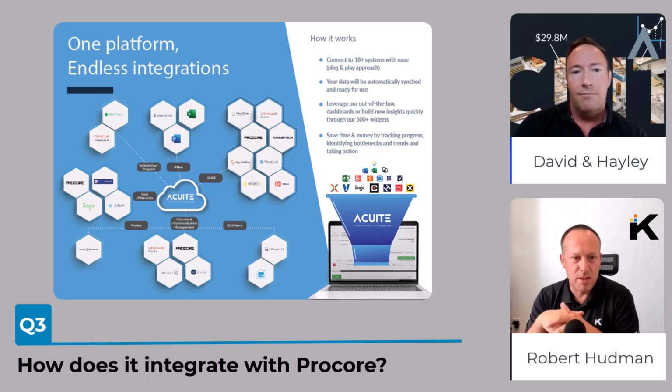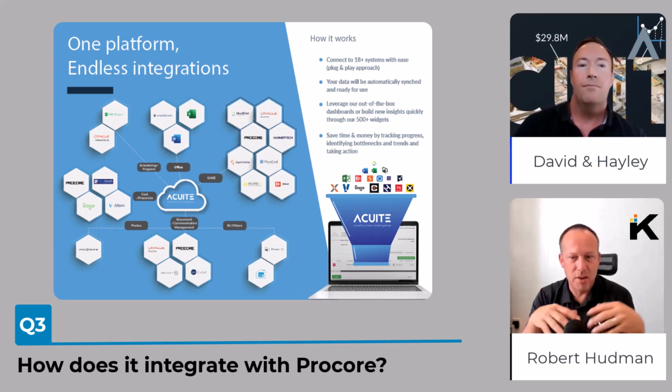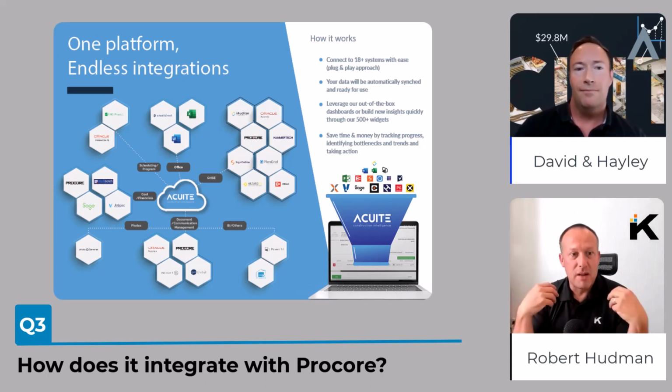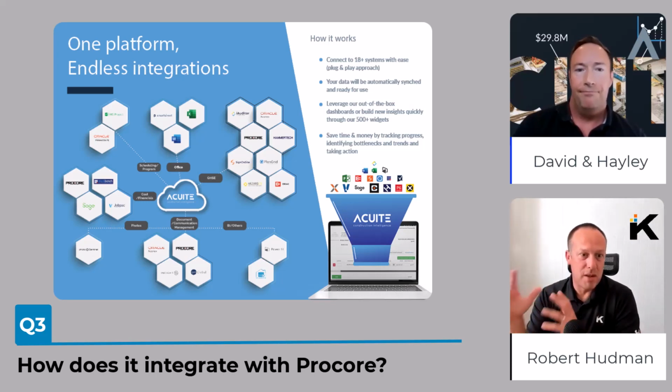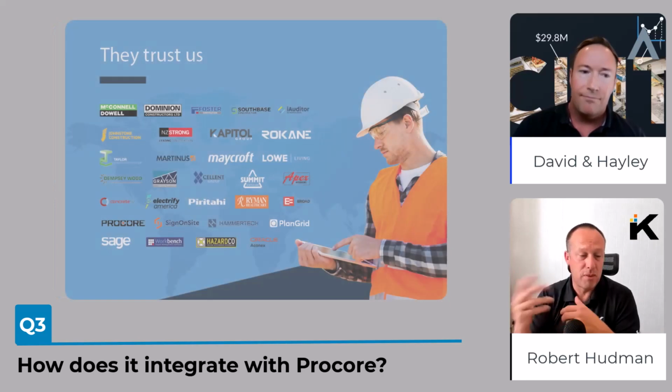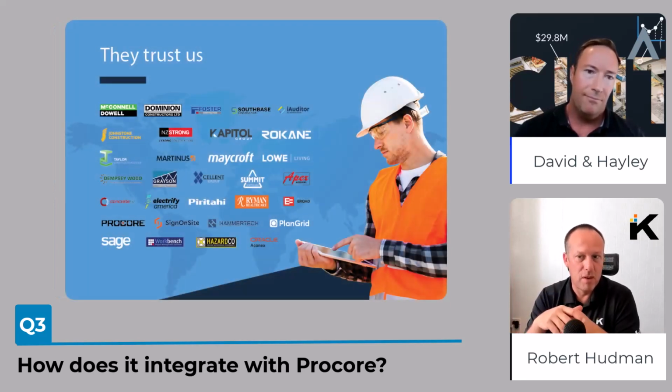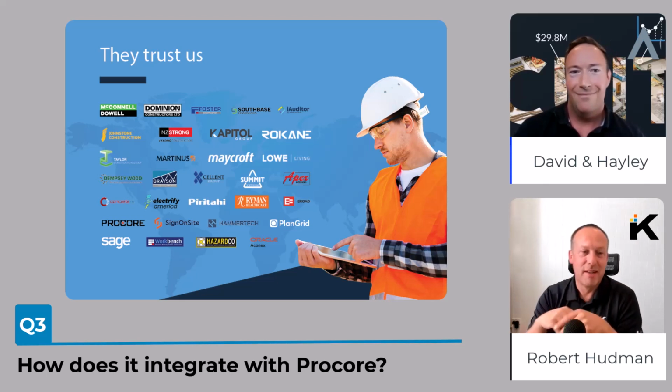One of the things that I always liked about Acuite was that, at least the way I pitched it, and I didn't check this with you, it's a hybrid approach where, instead of getting flooded with all this pre-built stuff, there's a baseline, but you can then manipulate, change, and adjust it. And of course, you can also put requests in, which I know Hayley was pretty active with where she was working.